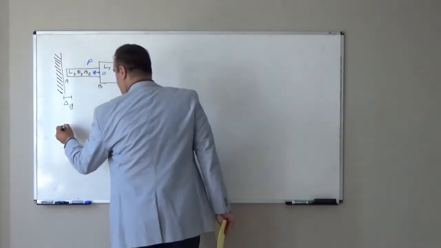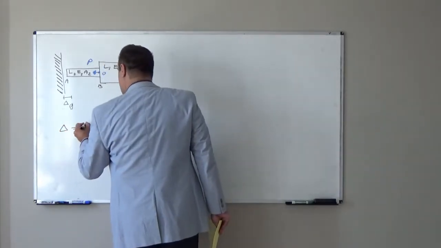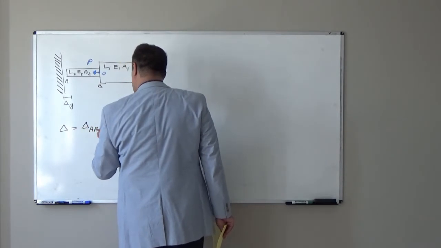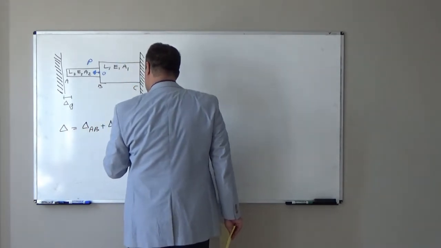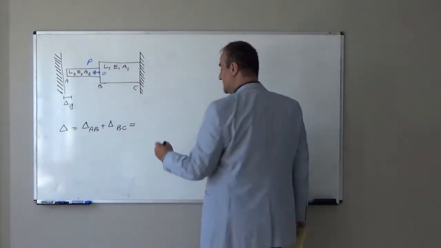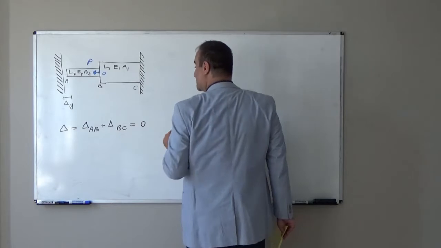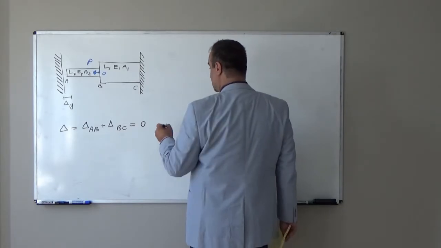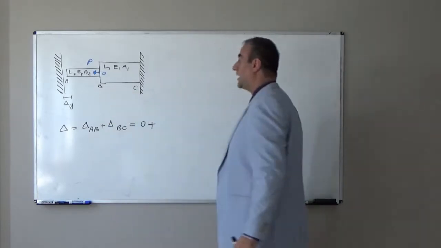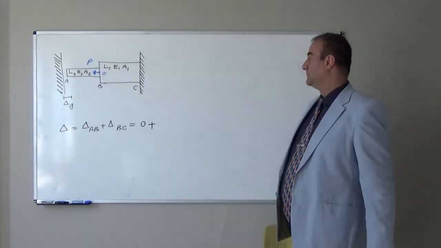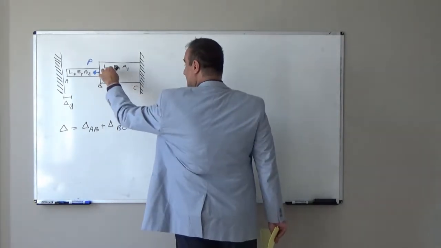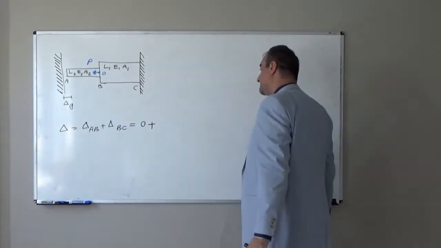So total deformation will be equal to deformation of part AB plus deformation of part BC. Because internal force in part AB is zero, deformation for AB will be zero, plus deformation for part BC, equal to internal force times length divided by EA.